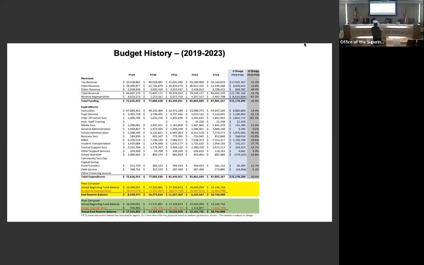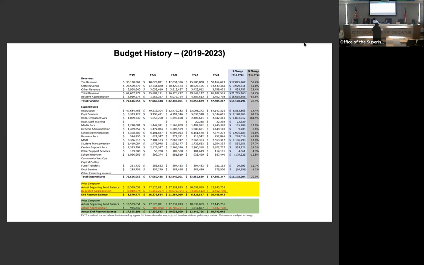The fiscal year 23 current fiscal year appropriations are the budgeted appropriations. When you compare the budgeted appropriations to the actual appropriations listed in red font, you see the actuals came in less than the budgeted, with the exception of fiscal year 21, where we used an additional $634,000 due mainly to unexpected purchases for the activities.